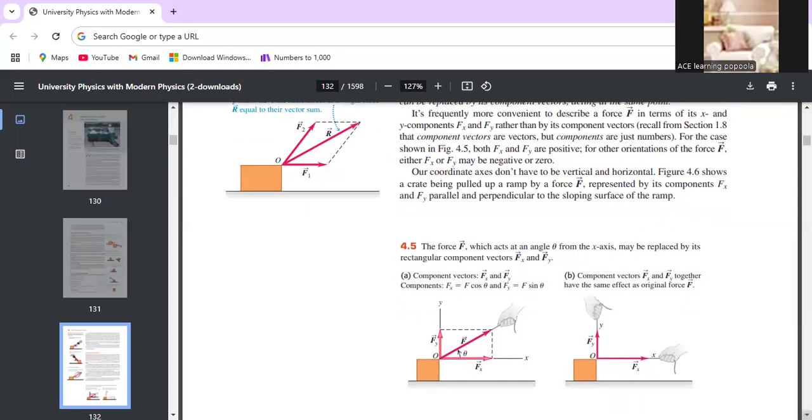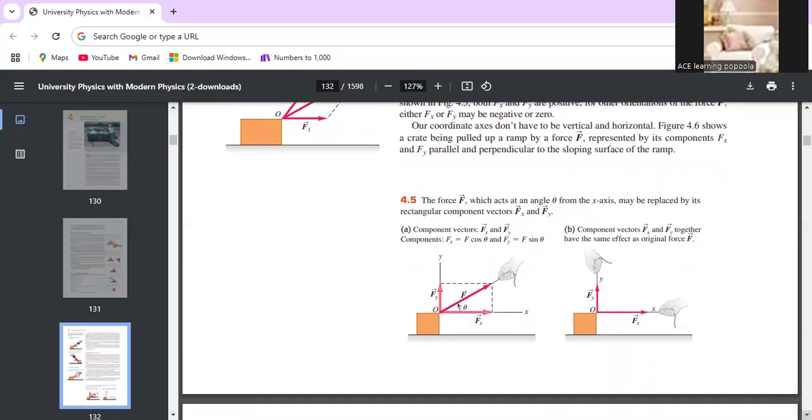So here, in this diagram 4.5, looking at these two diagrams, we can see that the force F, which acts at an angle theta from the x-axis, may be replaced by its rectangular component vectors Fx and Fy. So this single vector F here in the center is the resultant vector of these two components.